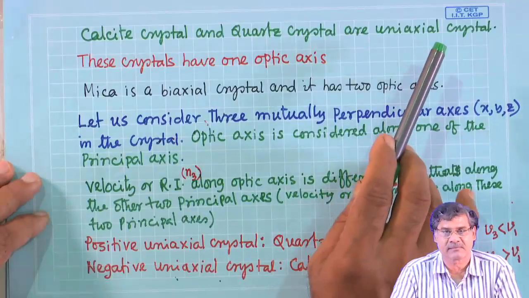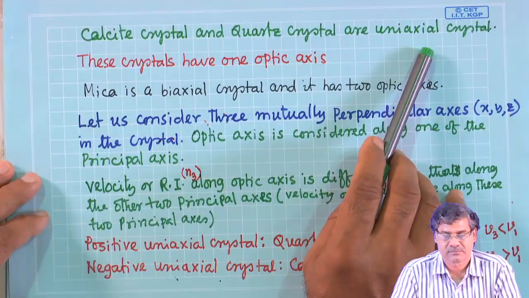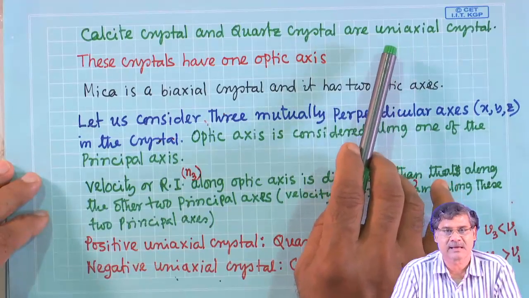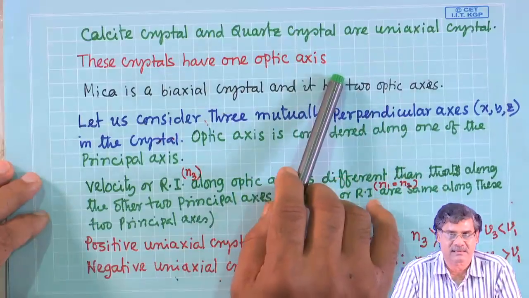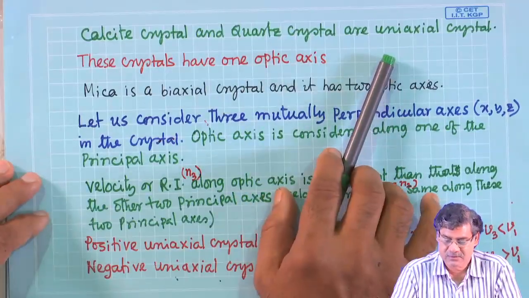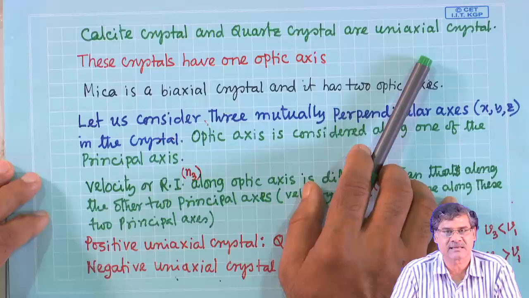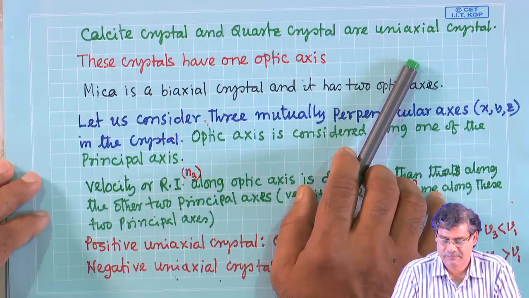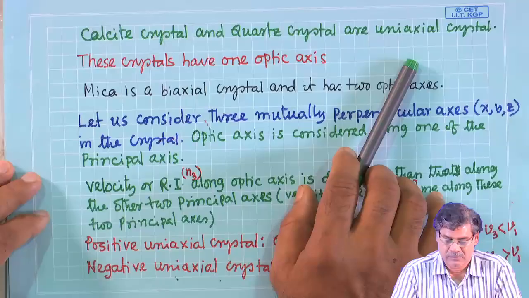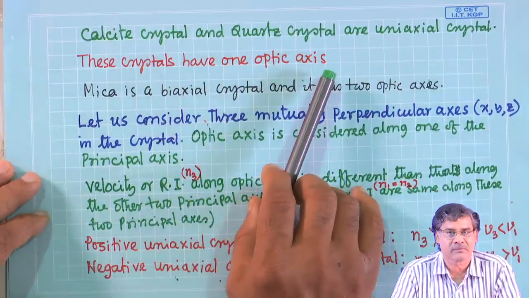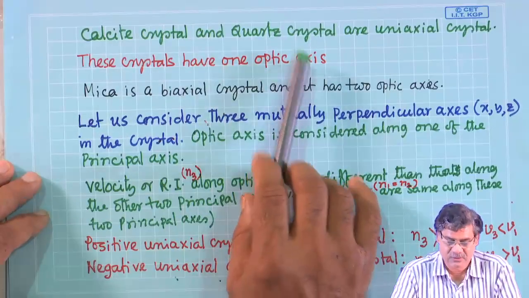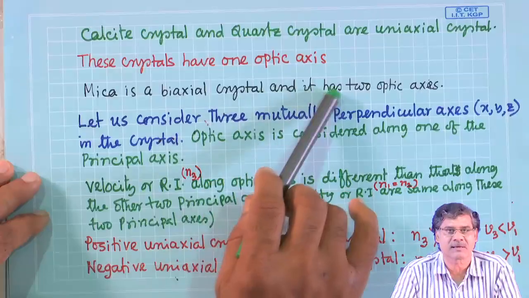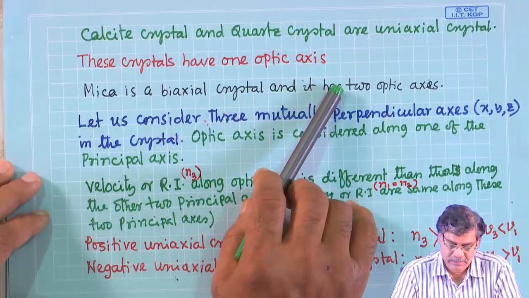That special direction is called the optic axis in this crystal. So, a uniaxial crystal has a special direction, an axis, and that direction is called the optic axis. These crystals have only one optic axis.